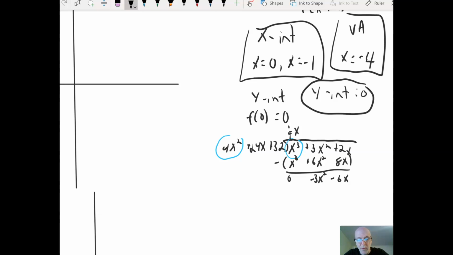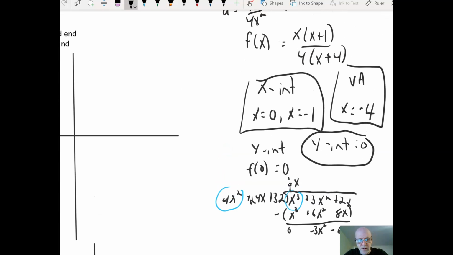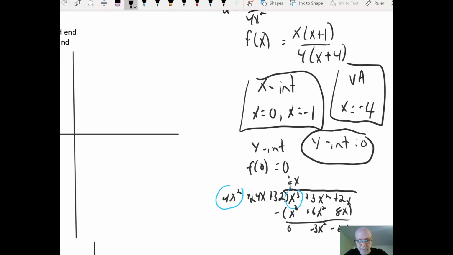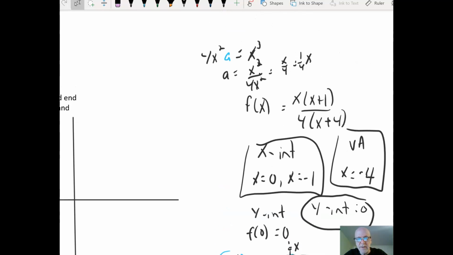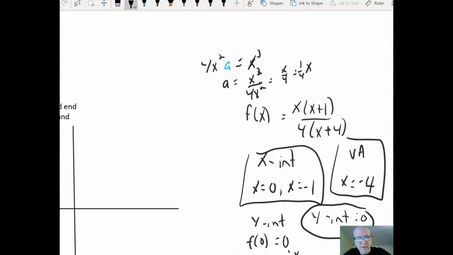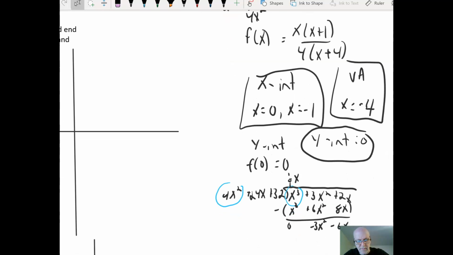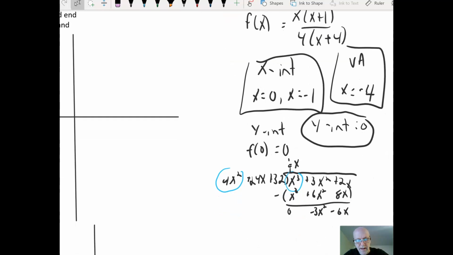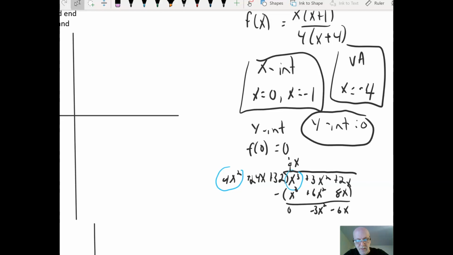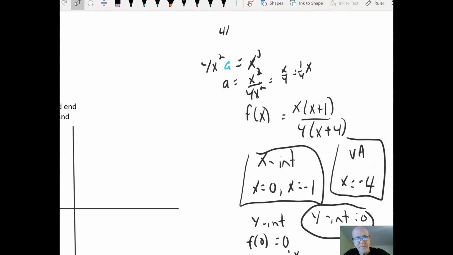And we want to know, what do we multiply 4x squared by to get negative 3x squared, and is that possible? Well, let's see. So 4x squared times a equals negative 3x squared.